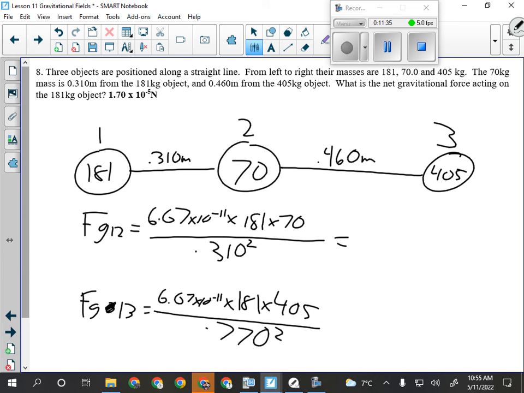Okay, so the 181 is being pulled only to the right, and our vector, which we would have to include, would be to the right for whatever our newtons ended up being. 1.7 times 10 to the minus 5 newtons right, or towards the other two masses, or along the positive x-axis, anything that denotes a vector headed that way.